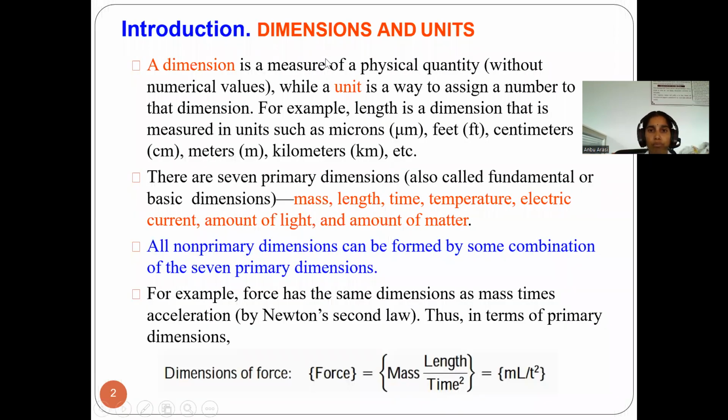A dimension is a measure of a physical quantity without numerical values, while a unit is a way to assign a number to that dimension.